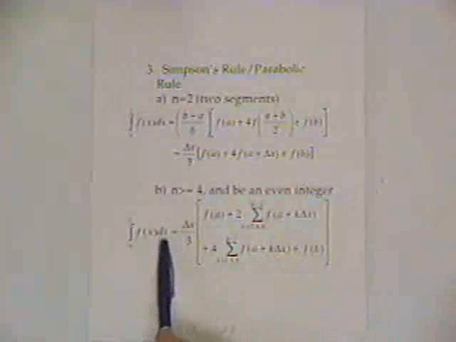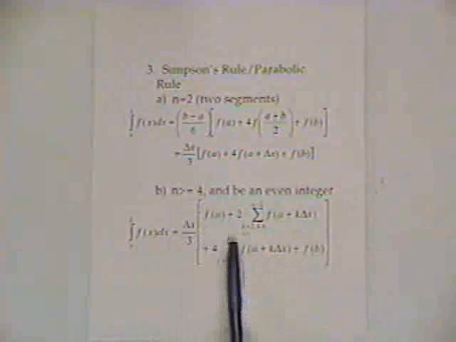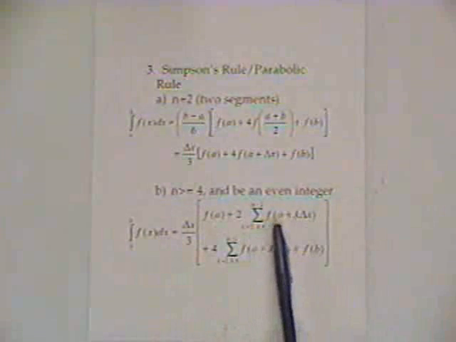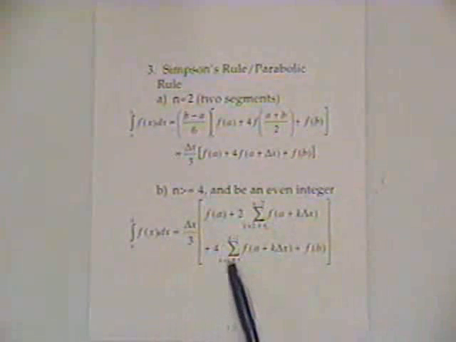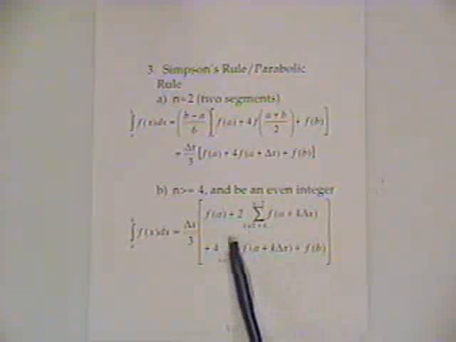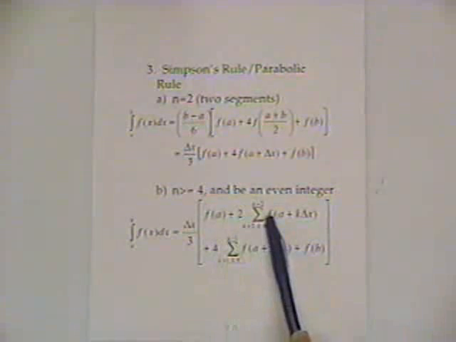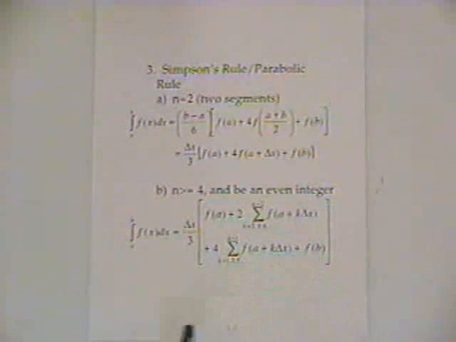If that is true, you can apply this formula, which again looks somewhat the same: delta x over 3 times the value of the function at the start of the interval, plus twice the functions at even values of the index, plus 4 times values of the function at odd values of the index. So in effect you would start with f of a, plus the next function times 4, plus the next function times 2, then 4, then 2, and so on until you add in the last functional evaluation.